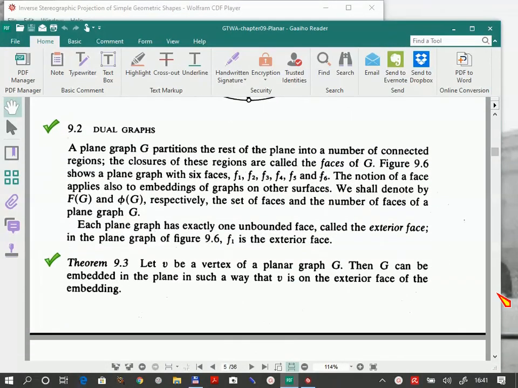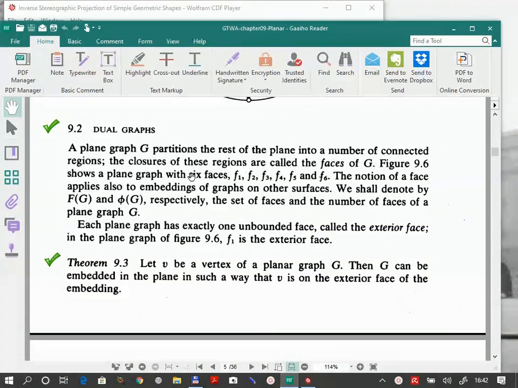Dual graphs. Assume that we have a plane graph. So now we are going to build what is called the dual graph, in which vertices will not be the original vertices, but other things. Let's see. A plane graph partitions the rest of the plane. If you take away the graph from the plane, you are left with a number of connected regions, meaning connected pieces of plane.